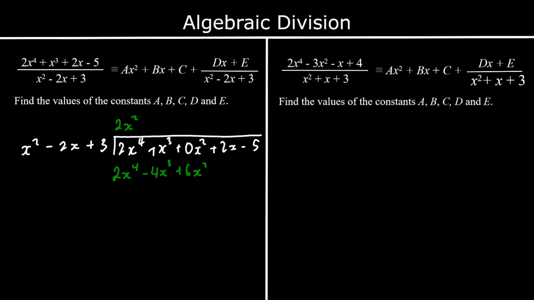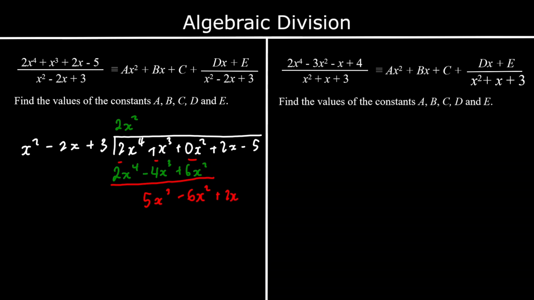Then we can take away 2x to the power 4, take away 2x to the power 4 is nothing, it's gone. X cubed plus 4x cubed is 5x cubed. And nothing, take away 6x squared is minus 6x squared.